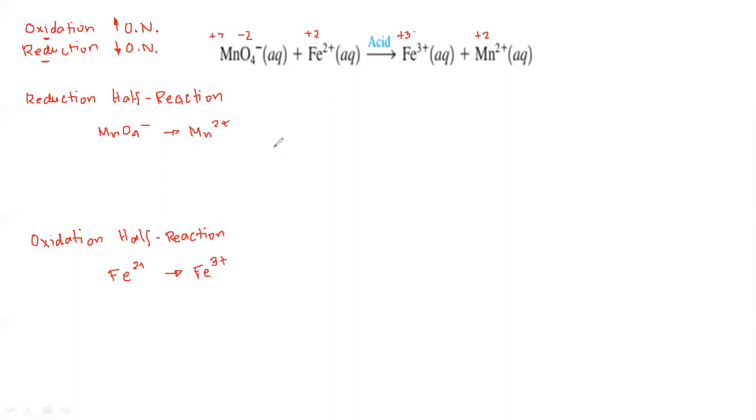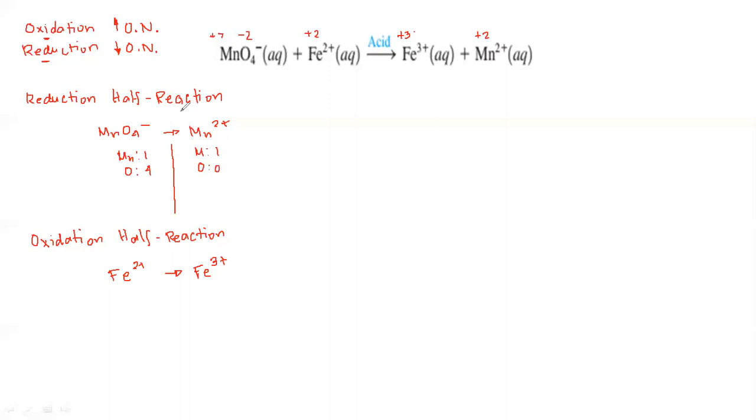Now, we'll proceed to the second step, which is balancing each half reaction. Let's go first for the reduction half reaction. At the left side, we have manganese of 1 and oxygen is 4. At the right side, we have 1 manganese and 0 oxygen.